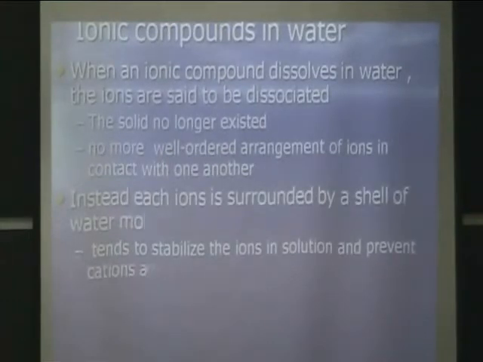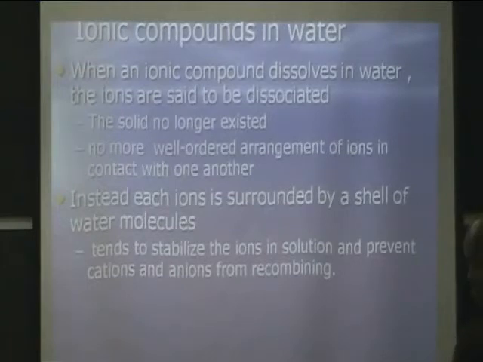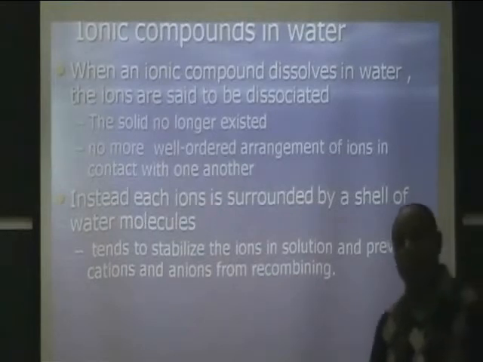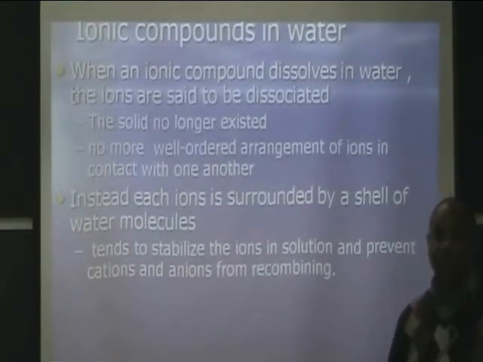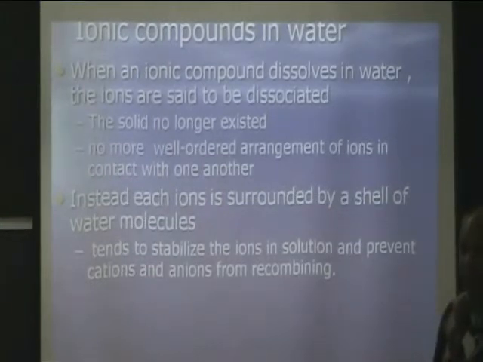One thing before I go to the second slide, I would like to say that electrolytes also are classified as strong electrolytes and weak electrolytes. That's also another thing we need to know. How do I know a substance is a strong electrolyte?